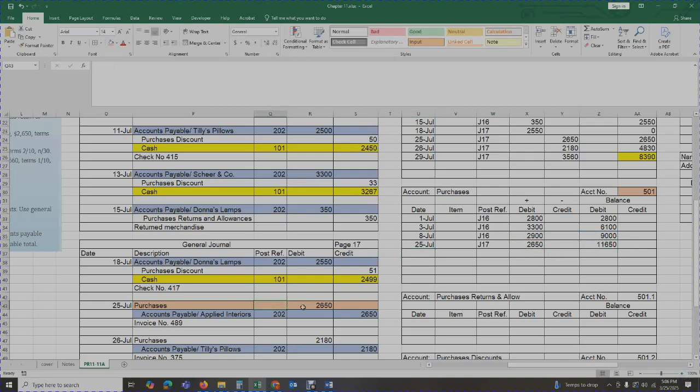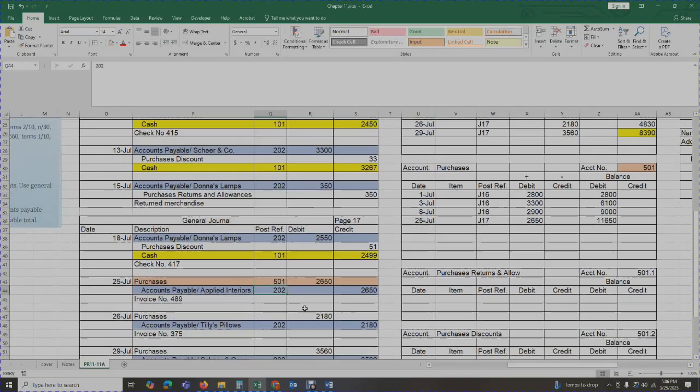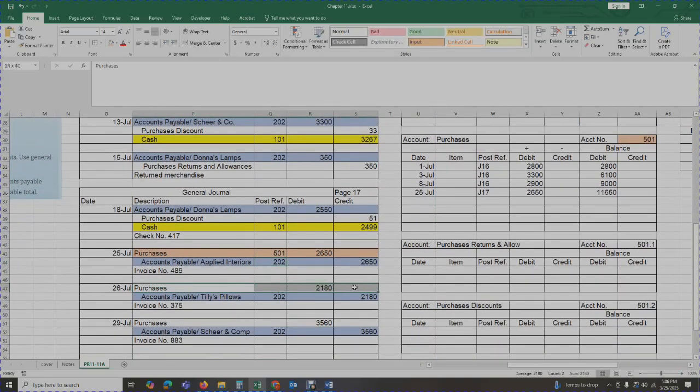Okay, go back and I enter a 501. I have another purchases here of $2,180. This is happening on the 26th. This is journal 17, and this is for $2,180. So we get our ending balance plus our $2,180. That gives me $13,830. Go back and enter your account number.